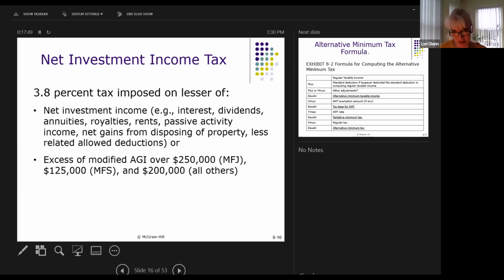So that $3,000 of qualified dividends is taxed at 15% only. Okay, so be careful of that. It's just not automatically at whatever the ordinary rate is. If that income is normally taxed at ordinary rates, yes. But if it's taxed at preferential rates, what's the parent's preferential rate? Use that.